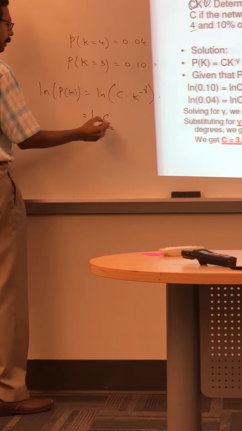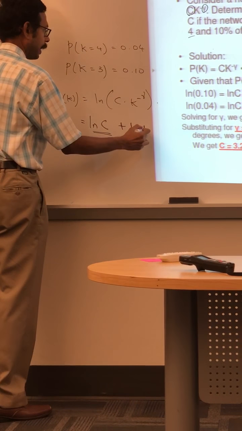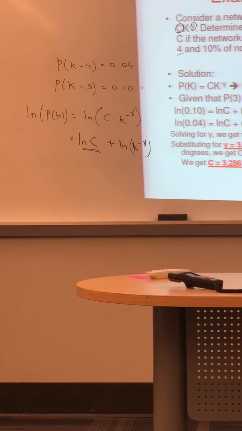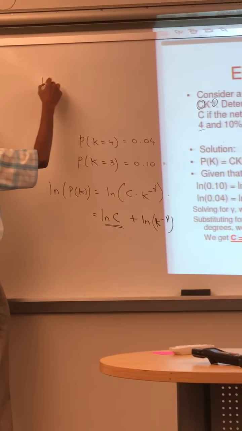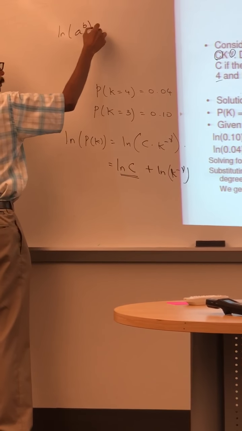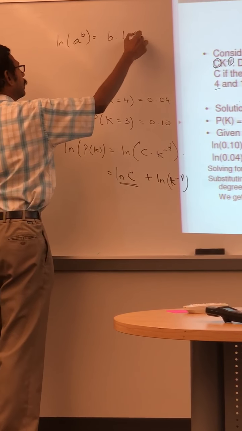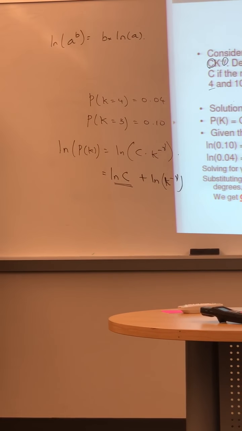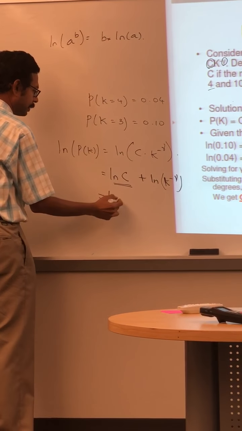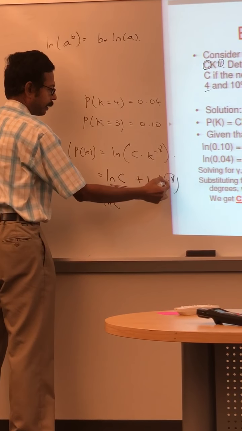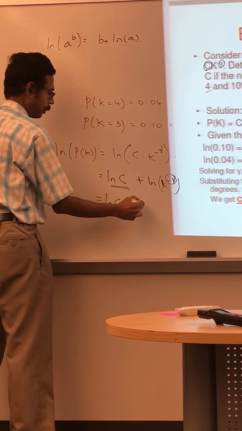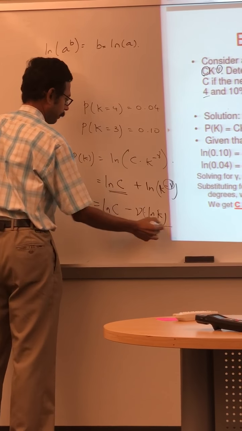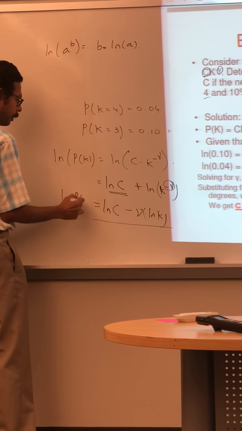It's log C plus log of k raised to negative gamma. Again, log of a to the power b, we can bring the b outside and say it is b times log a. We can do the same thing here. This is log C, and if I bring this negative gamma outside, minus gamma times log k. So this is log of P of k.